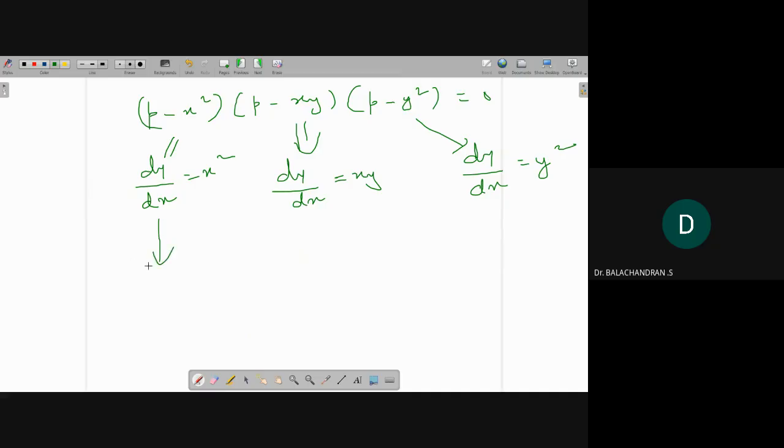I will just give the answer for each one. 3y minus x cube minus c equal to 0. For this one, y minus c into e power x square by 2 equal to 0. For this one, x plus 1 by y minus c equal to 0. And then the product of these three forms the solution of the given equation.